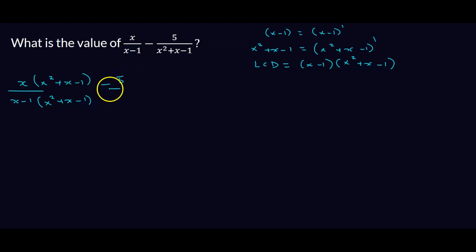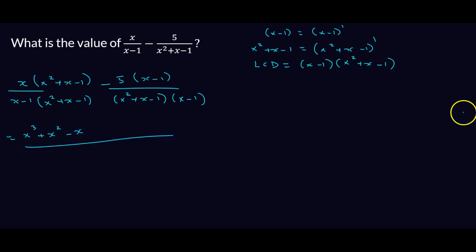And right here, we already have x squared plus x minus 1. We're going to multiply by x minus 1, numerator and denominator. So now let's go ahead and simplify. So this is going to be x cubed plus x squared minus x. This is going to have a common denominator.